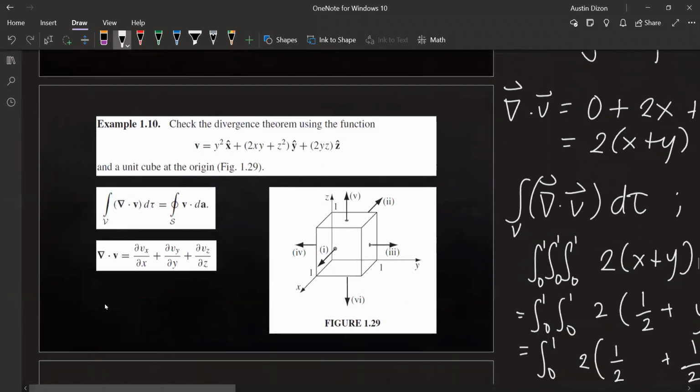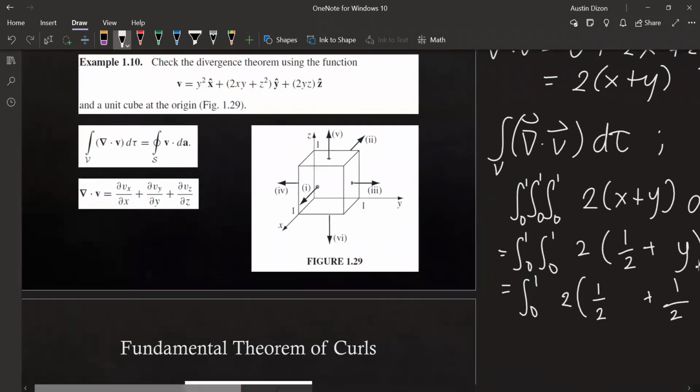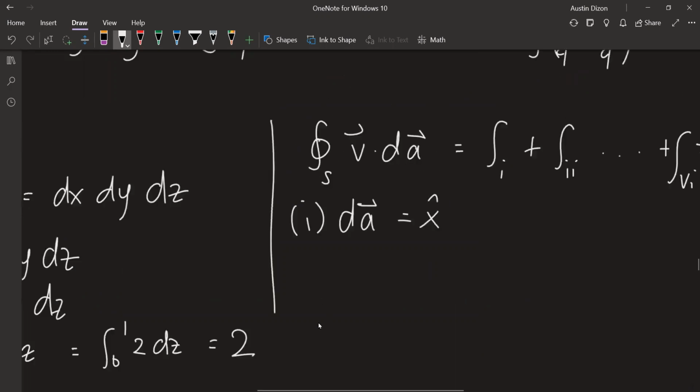Ang kailangan mo muna maintindihan is paano isusulat yung dA mo, yung area mo. So, yung mahalaga dito is yung direction ng area. Yung direction ng area will be this one. Okay? So, papuntang x hat. So, number 1, ang direction ng area mo will be x hat. Okay?